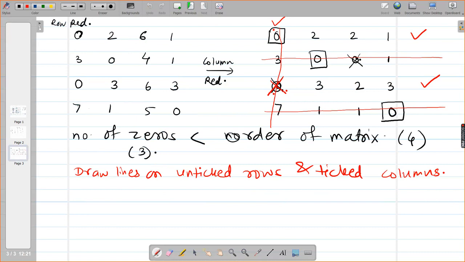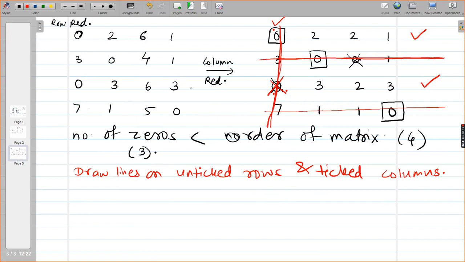Can you see my screen now? Yes, ma'am. हाँ अभी लाइंस दिख रहे हैं, ड्रॉ किए हुए हैं.